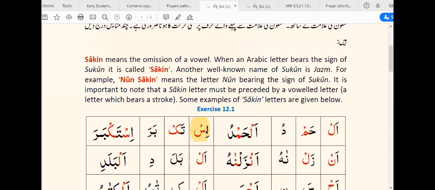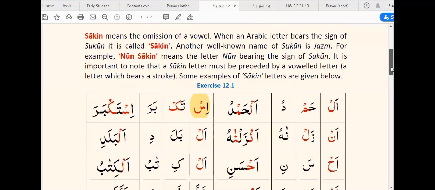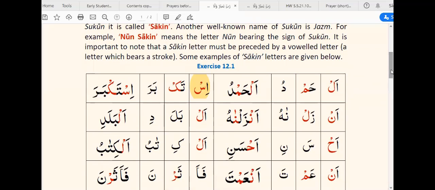So when we're joining alif that has kasra and seen that has a sukoon on top of it, we are going to produce the seen sound, but because there is no fatha, kasra or dhamma, we're not going to produce an a, e or u sound. So alif with kasra and seen with the sukoon, we're going to produce the sound is. You have already done this on Thursday and revised it on Friday as well. So it's just a reminder for you.